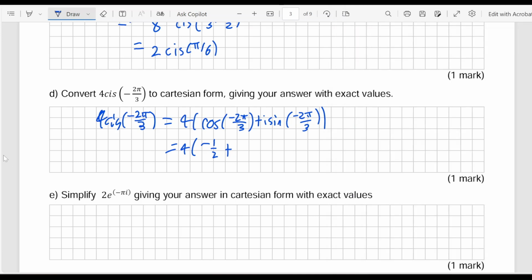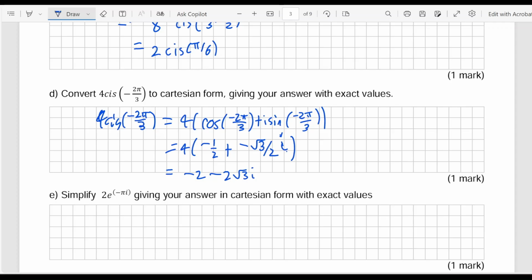There we go, you get root 3 over 2, and it's negative as well. If we times everything by 4, that's going to give you minus 2, take 2 root 3. And I should have an i in there as well, shouldn't I? There we go, i. Cool.